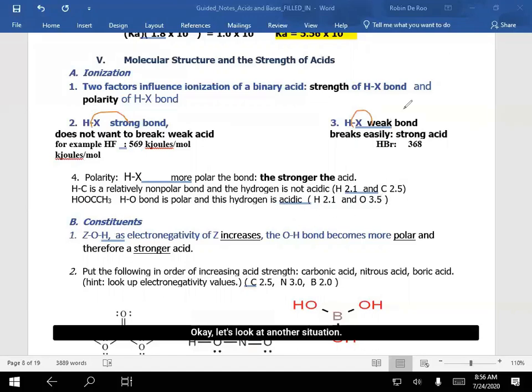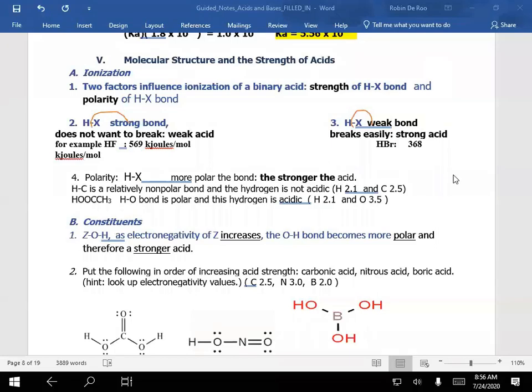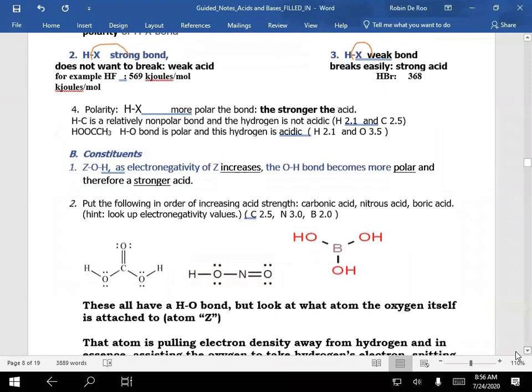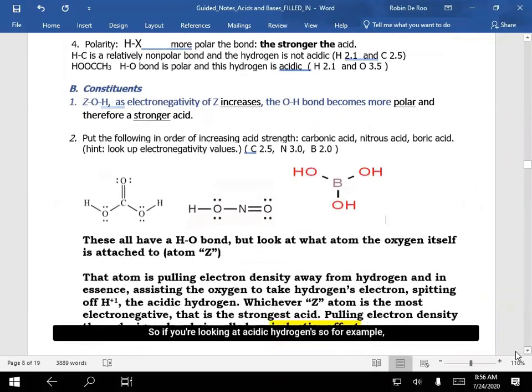Okay, let's look at another situation. So if you're looking at acidic hydrogens, for example, we just said that a hydrogen attached to an oxygen is acidic, but the oxygen in turn can be attached to another atom.